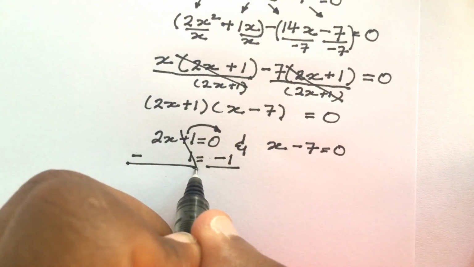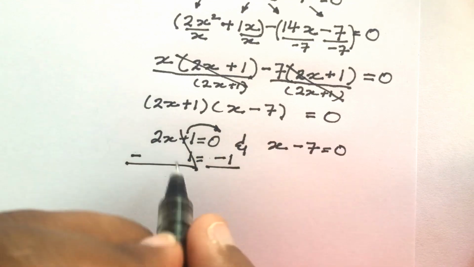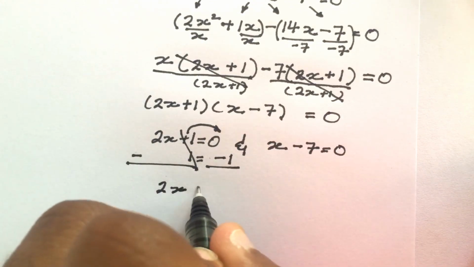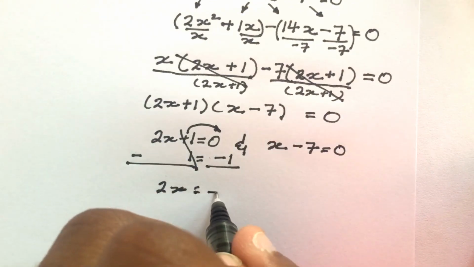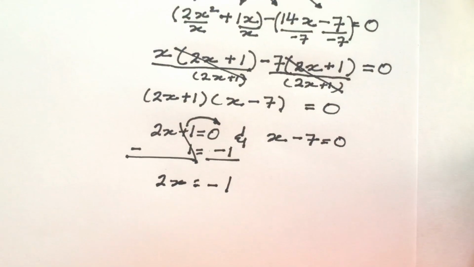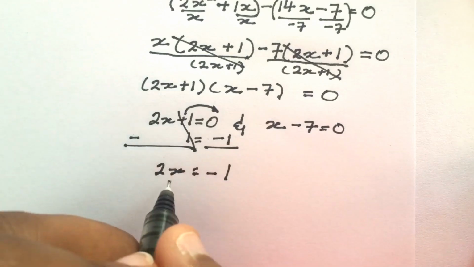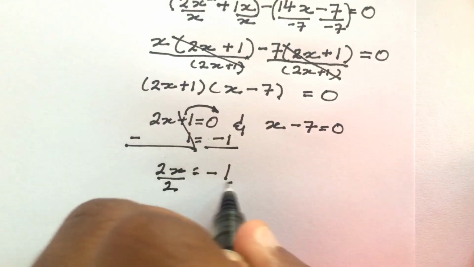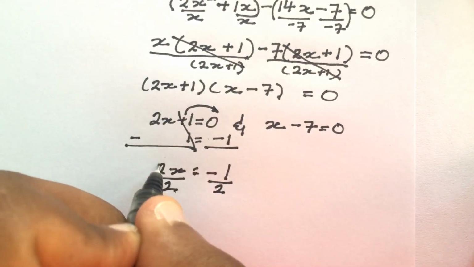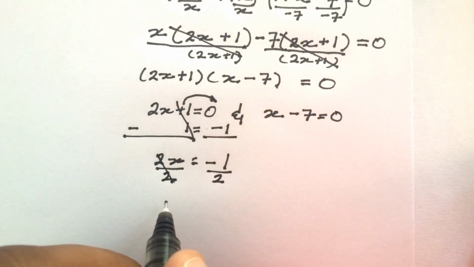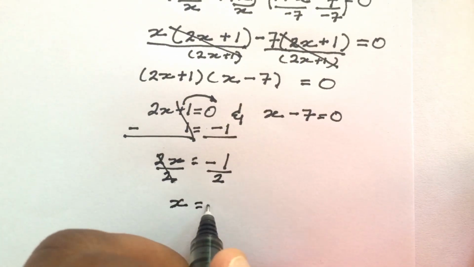So this will cancel, leaving us with just 2x here is equal to 0 take away 1, which is just minus 1. But the problem with this is that x is not by itself, so we need to get rid of this 2. And we're going to have to divide both sides by 2 now. So these would cancel. So the value of x on this part is negative 1/2.